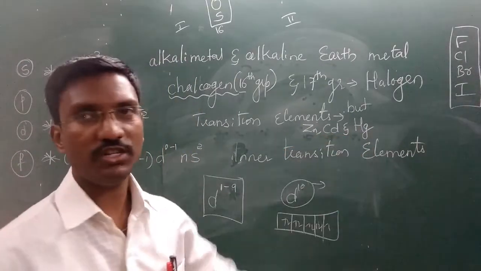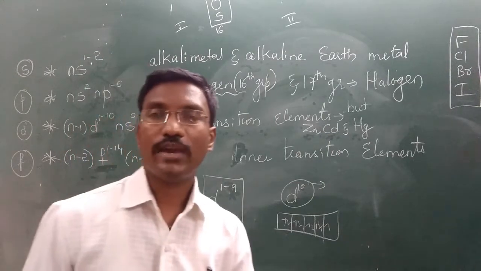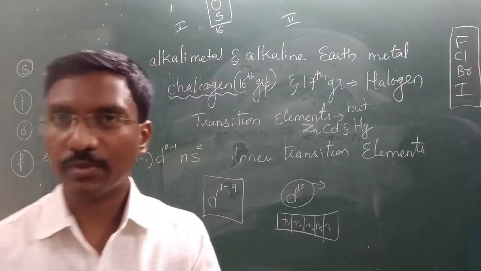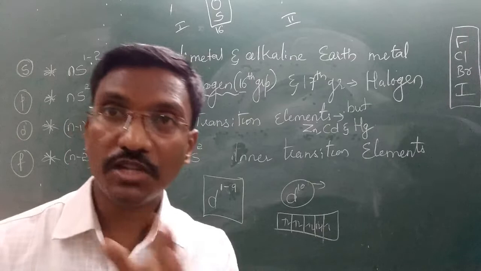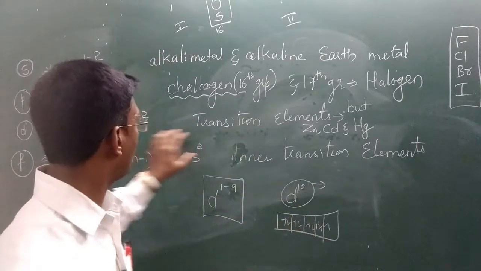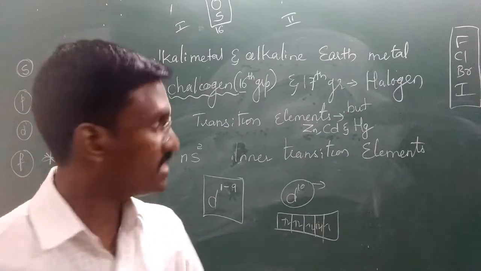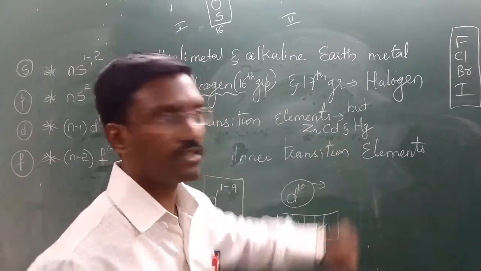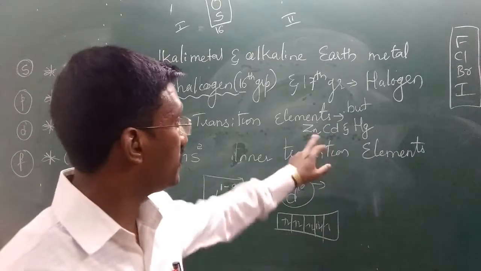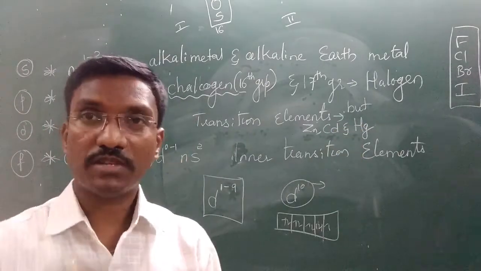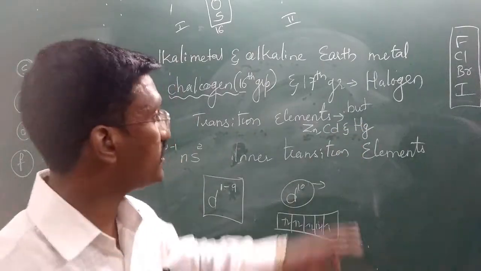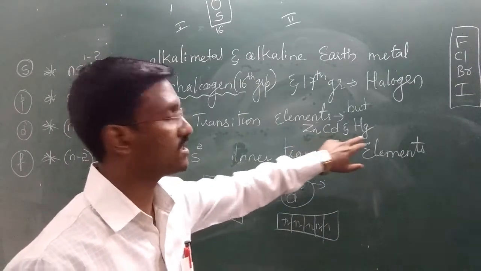So in the exam, they are going to ask a question such that which is the exceptional case. All the elements of d block are called transition elements. Exactly right, but except zinc, cadmium and mercury. Especially they are going to ask such exceptional cases only.